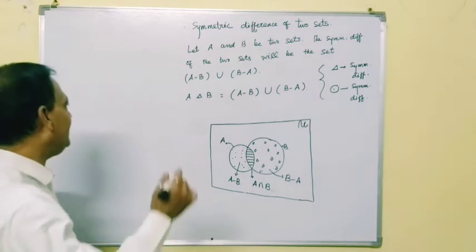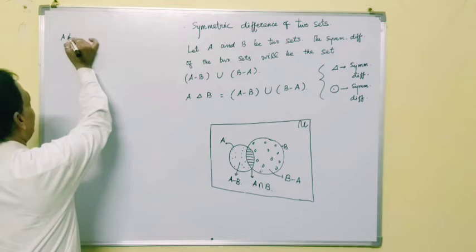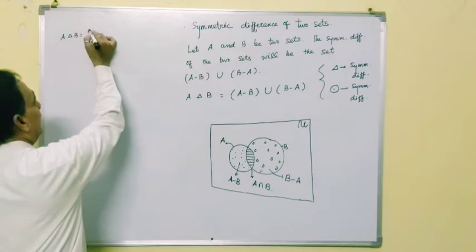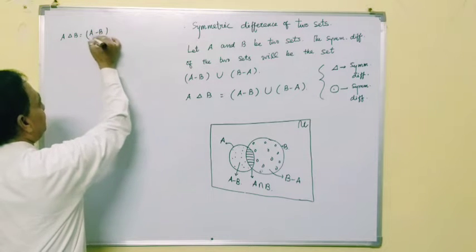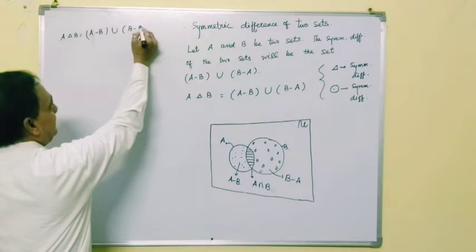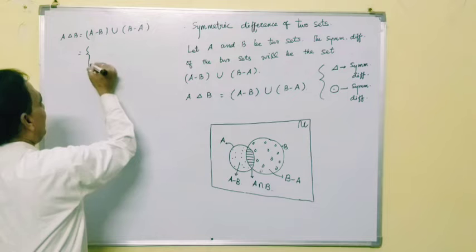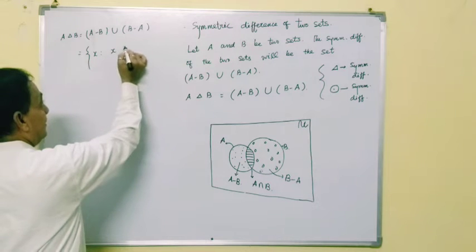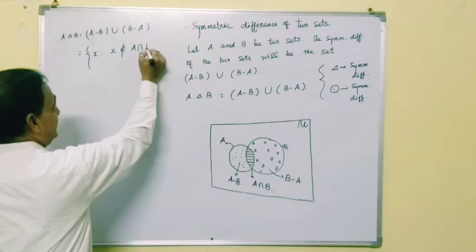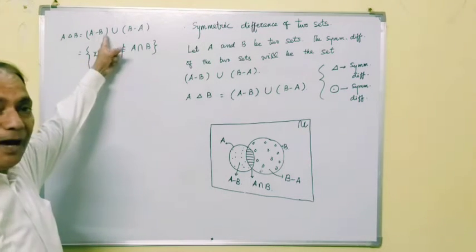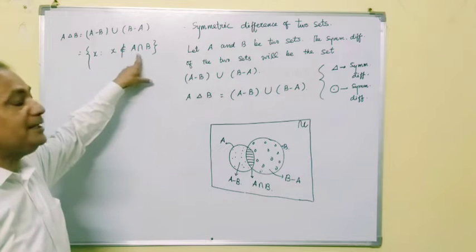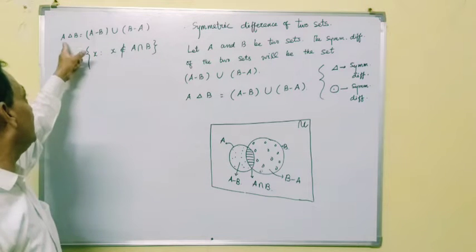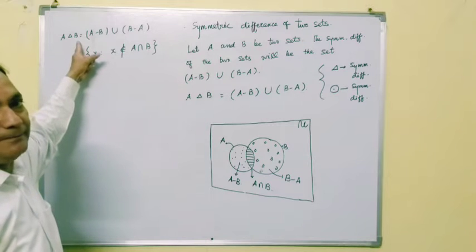So mathematically we can write A symmetric difference B is equal to A minus B union B minus A is equal to X such that X does not belong to A intersection B. The collection of all those elements which do not belong to A intersection B, this collection will be said to be A symmetric difference B, right?